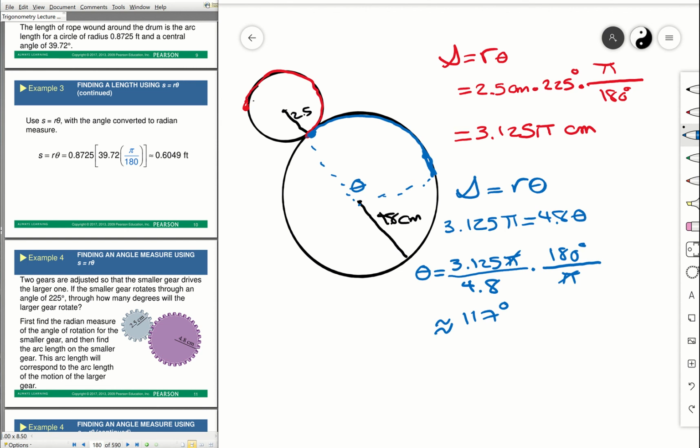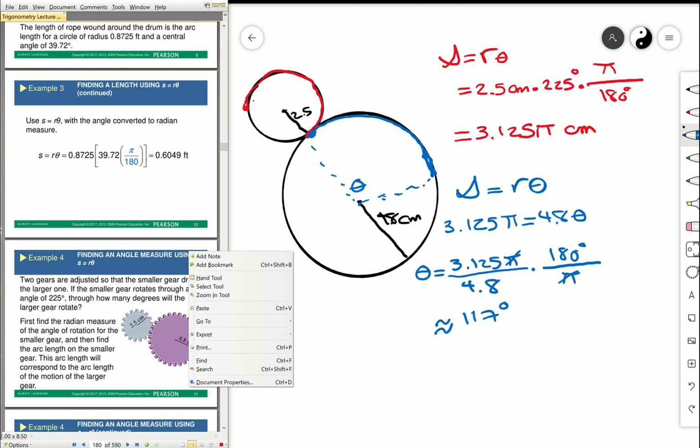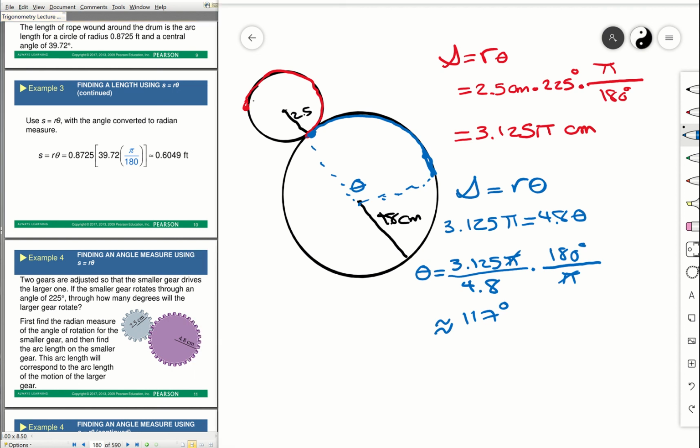So that's basically how you go about doing a problem like that. You just have to relax your mind, look at the situation, and determine a game plan that's going to get you to the answer. So basically, with all word problems, the general strategy is 1, understand.